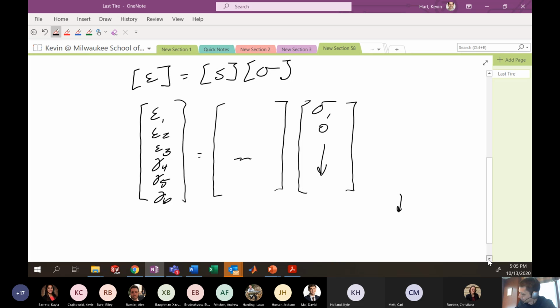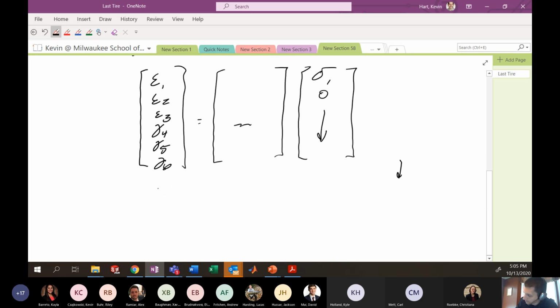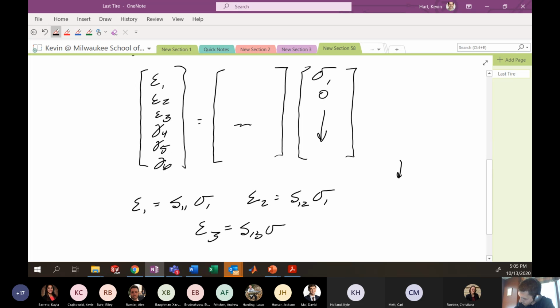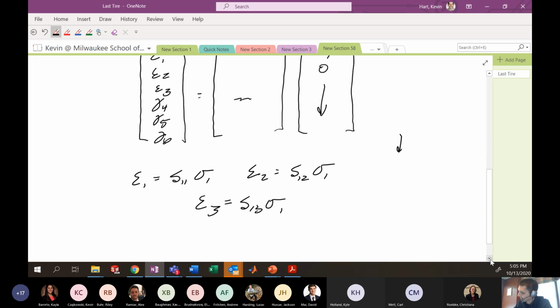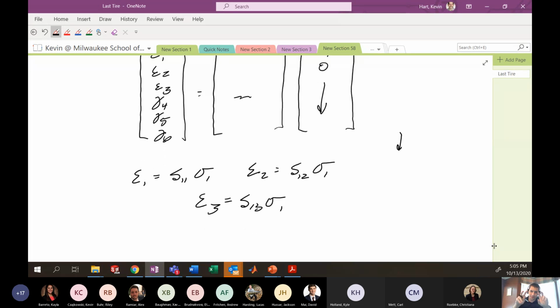That would result in the following. Epsilon 1 is S11 times sigma 1. Epsilon 2 is S12 times sigma 1. And epsilon 3 is equal to S13 times sigma 1. That's what pops up if we run this singular experiment.